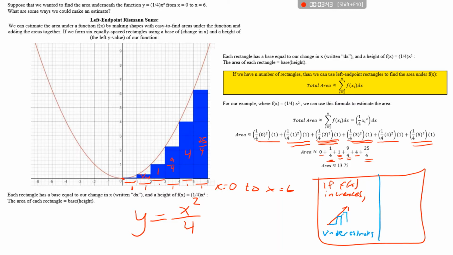Okay, our function will underestimate, and if our function is decreasing, we will overestimate. Okay, here's heights from the left side again. You can see that we are over the curve.